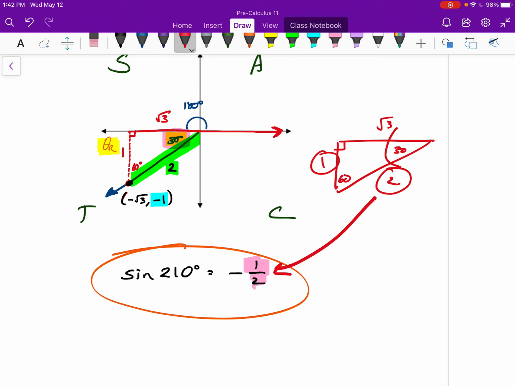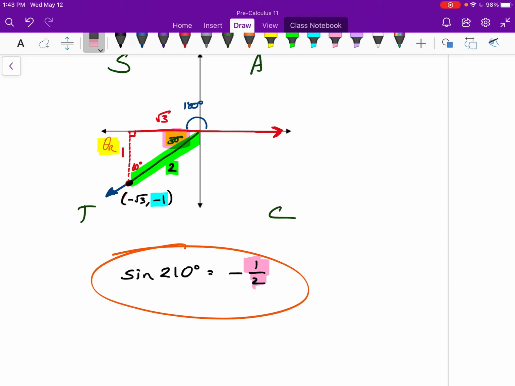That's not a coincidence. However, there are multiple approaches to get to this -1/2. So the sine of 210 degrees is -1/2.